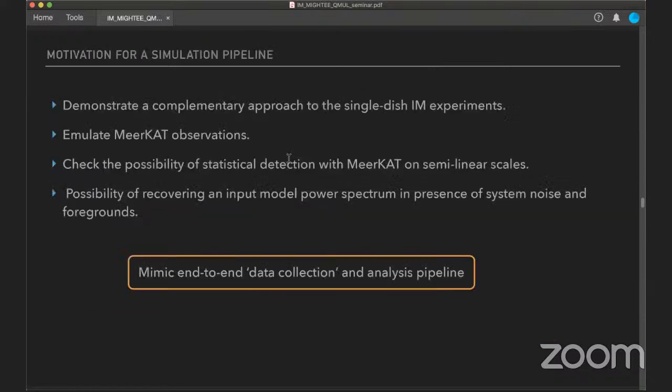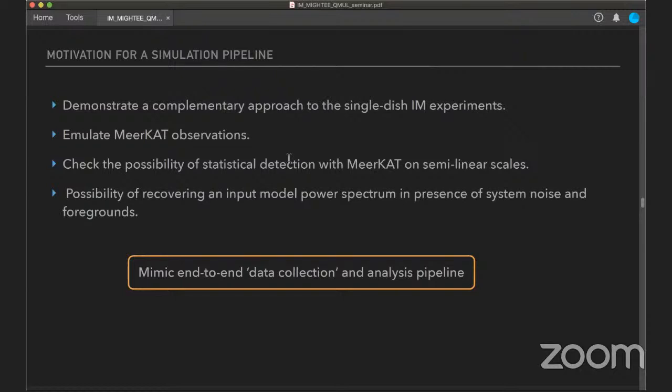So why do we need a simulation pipeline? In the beginning, I said we have built a simulation pipeline to demonstrate what we can achieve. The purpose of a simulation pipeline is to demonstrate that interferometric intensity mapping is complementary to single dish experiments. The idea here is to emulate the actual MeerKAT interferometric observation, and to check the possibility of statistical detection with MeerKAT on semi-linear scales.